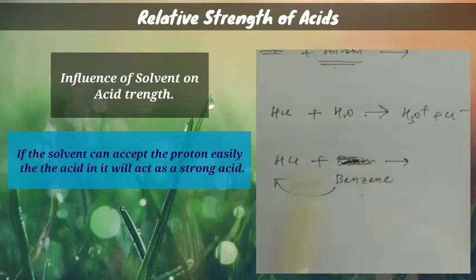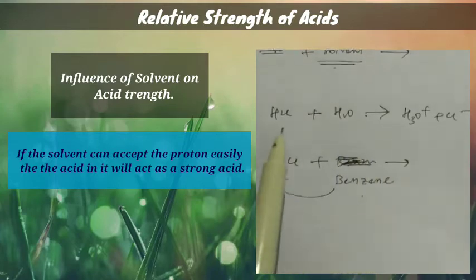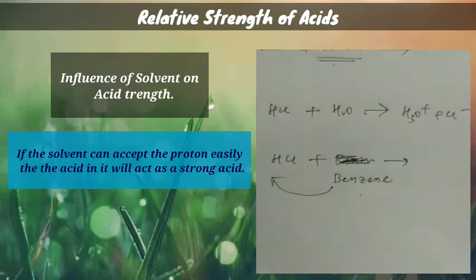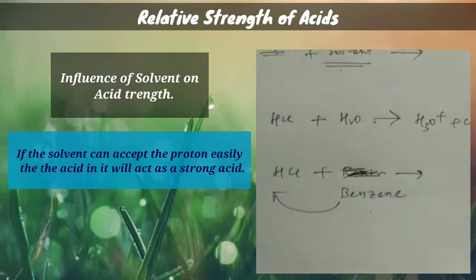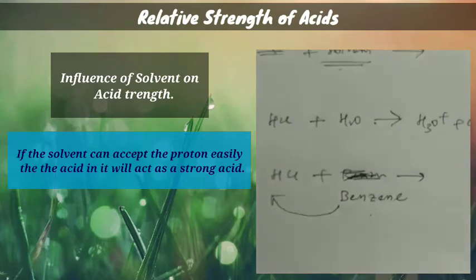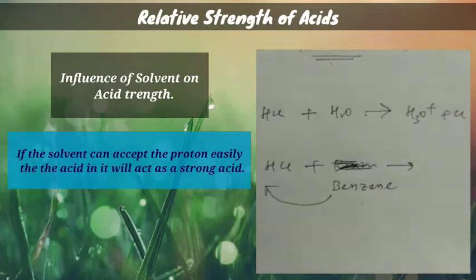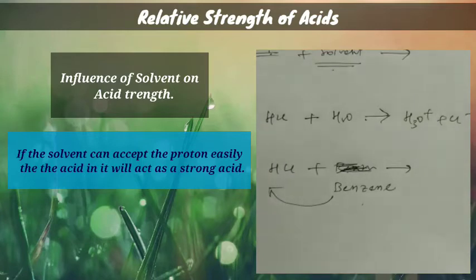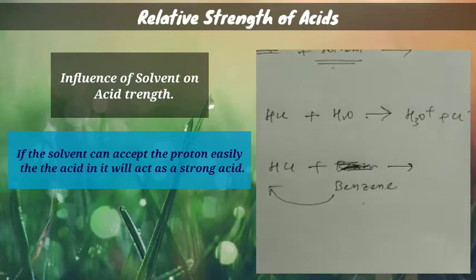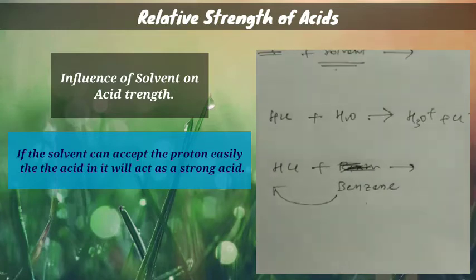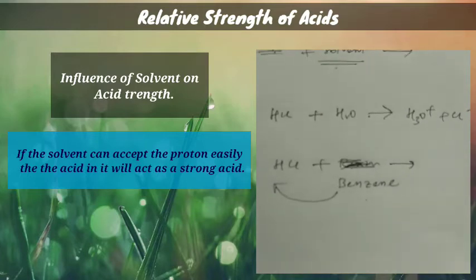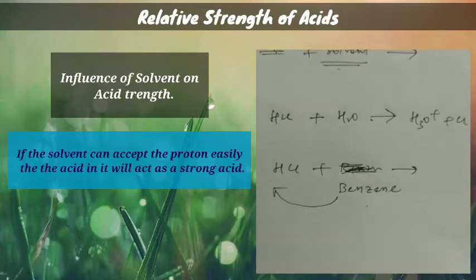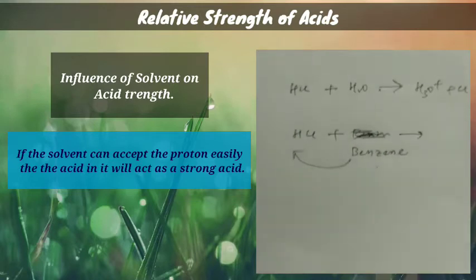So the acidity, or the strength of an acid or even a base, depends on the solvent. If the solvent can accept or donate the proton easily, then the acid or base will behave as a strong one, clear?